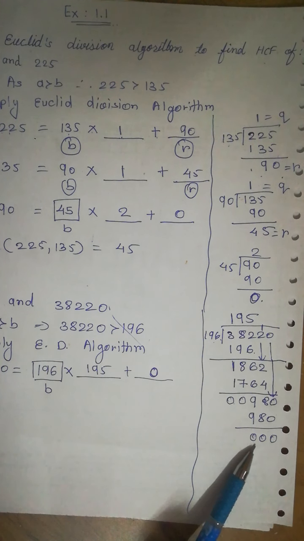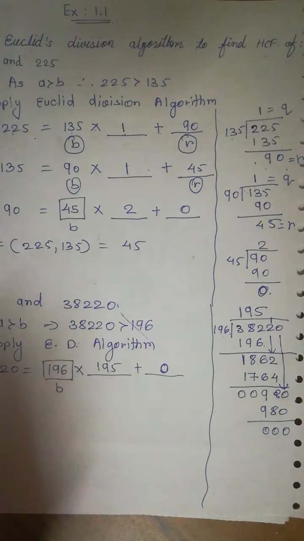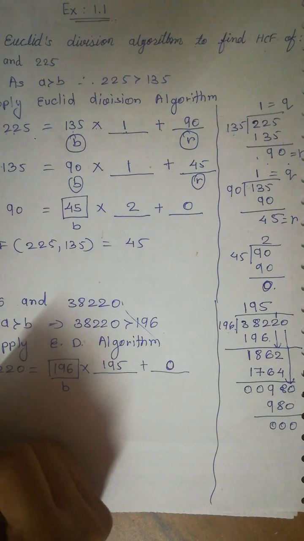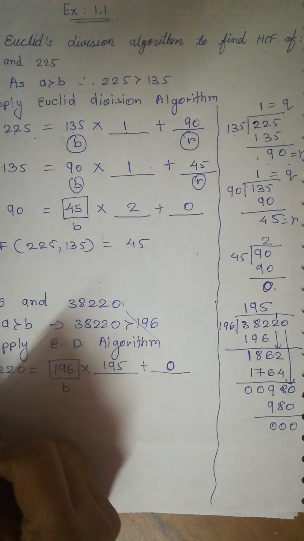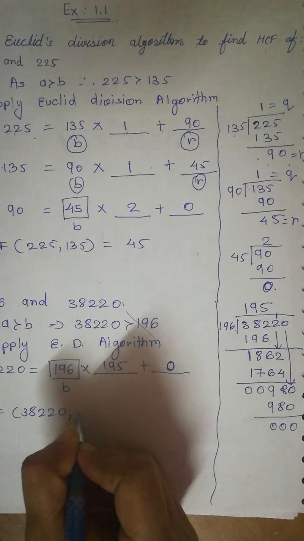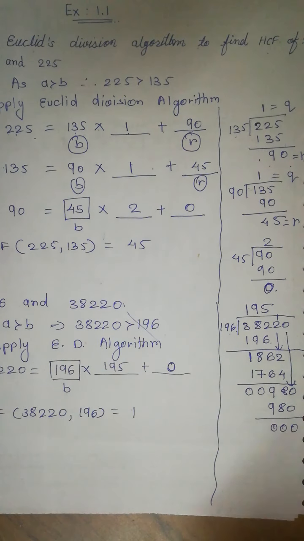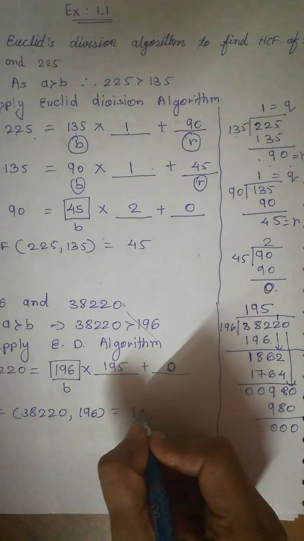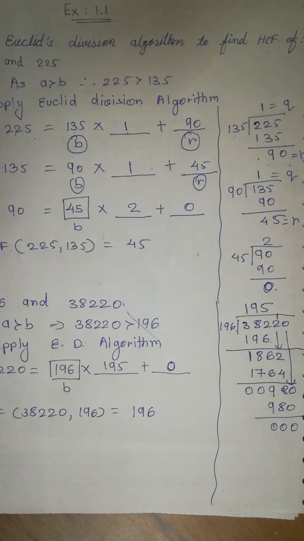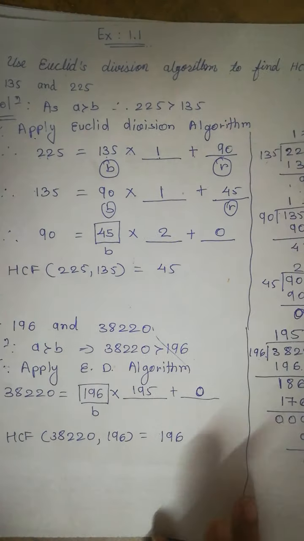That's why we divide further and further till we get r equal to 0. So at this stage the HCF is our b. The HCF of 38220 and 196 is equal to 196 itself.